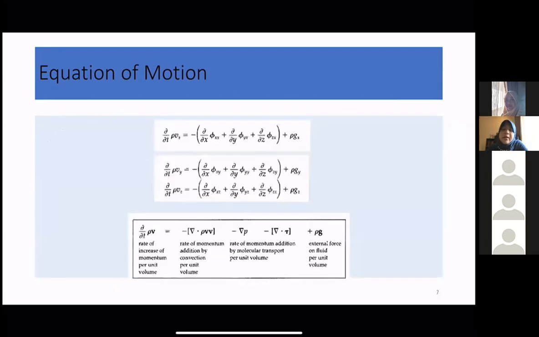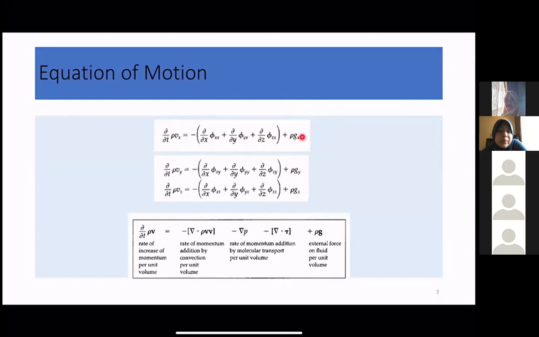Okay, so in summary, when you derive it, then for the x-axis, you will end up with this one, ∂/∂t of rho vx equal to this one, with its rho gx. However, we also consider the direction of y.